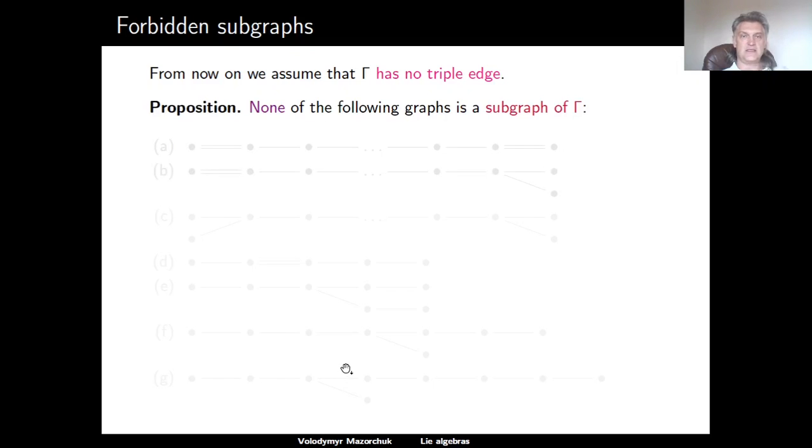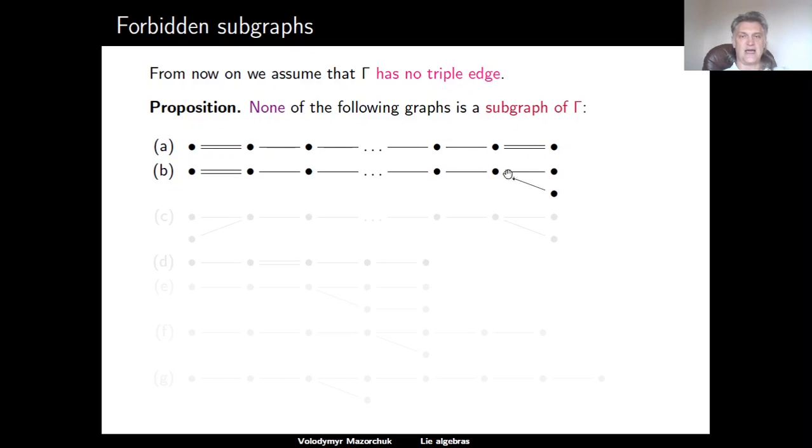The claim is that none of the subgraphs given in the following list is a subgraph of gamma. The first graph is the type AN line, which has at both ends a double edge. The second graph is the type DN diagram, which has a double edge on the opposite end from the triple point.